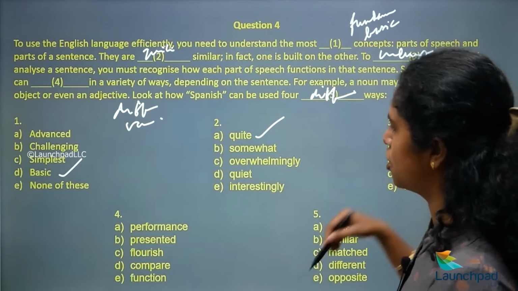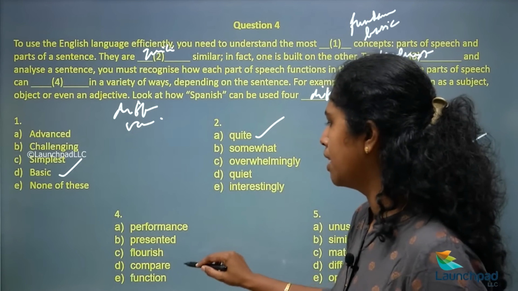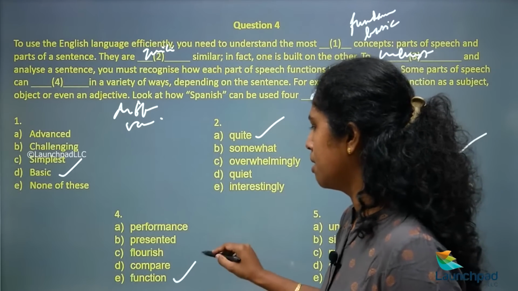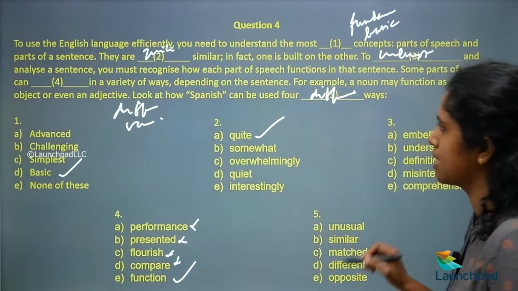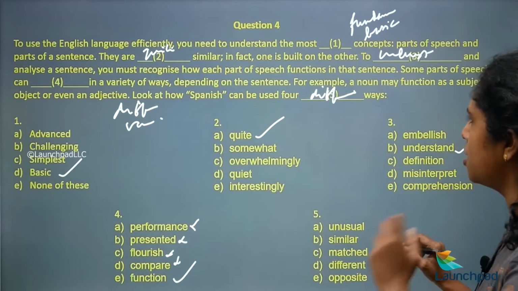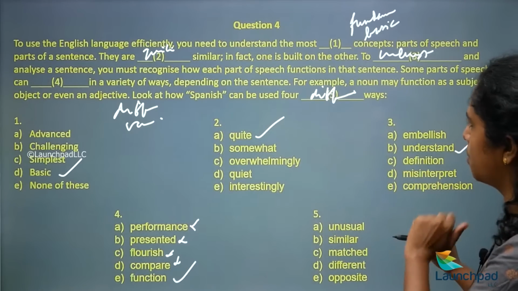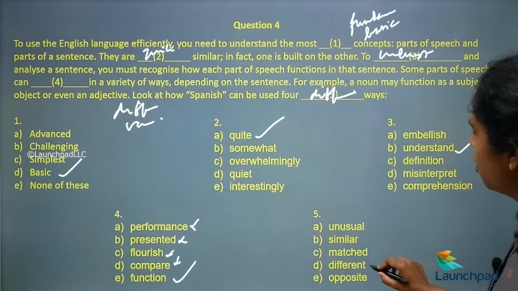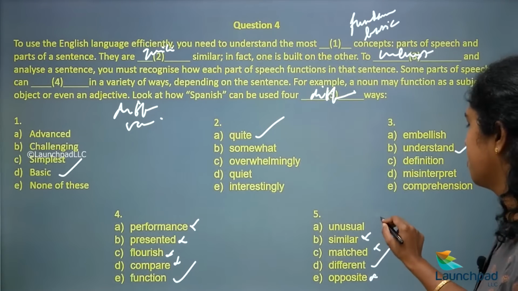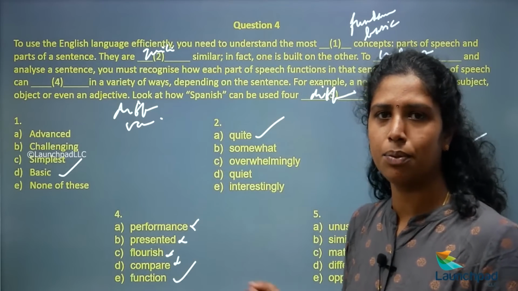So some parts of speech can perform, can function, because the other words are not grammatically right when you fit them in. Next, look at how Spanish can be used in 4 different ways. So this is one example that we could come across.